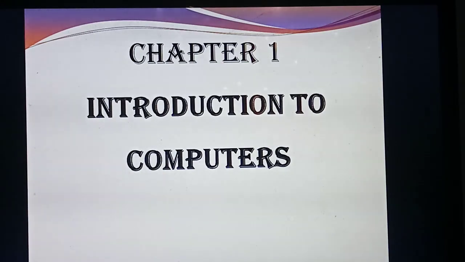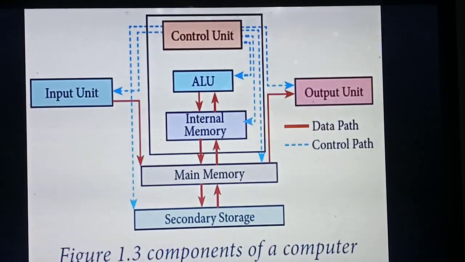Understood? Today I am going to teach about components of a computer. Yesterday I taught that the components of a computer, or the definition of computer, is divided into 3 important parts. What are the 3 important parts? Input unit, processing, output unit.